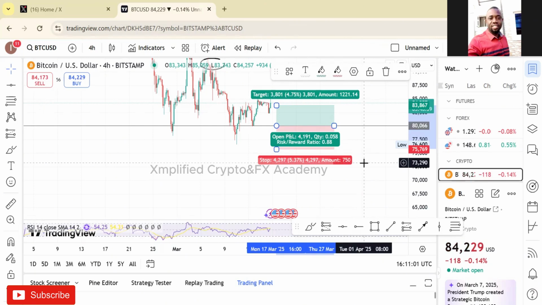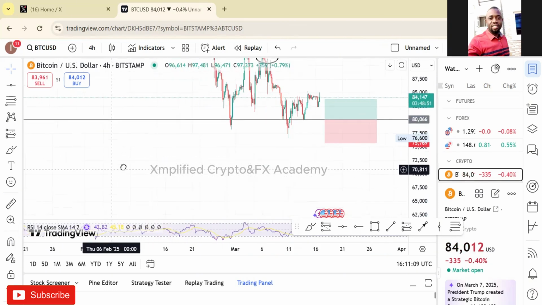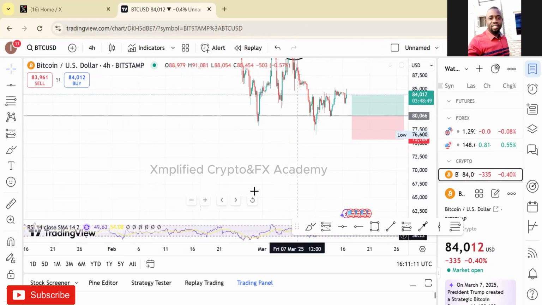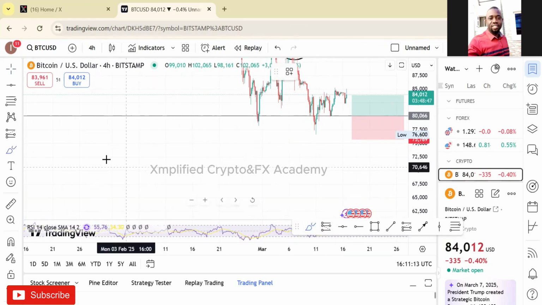That's what you're losing. Now, you invoke the DCA method. Initially, you bought Bitcoin at 80. Then the price now dipped, came down to below 80, to 75.